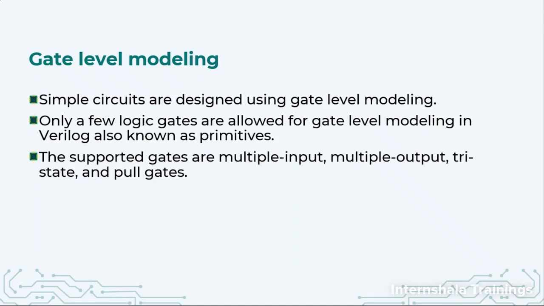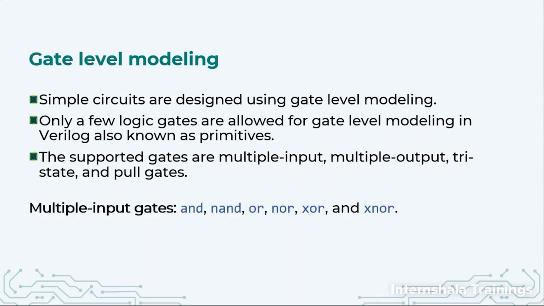We can also use pull gates. Normally we see that an AND gate is a 2 input gate, but we can have an AND gate with 3, 4 or more inputs as well. The supported gates are AND, NAND, OR, NOR, XOR and XNOR. So these are the gates that are allowed to be used in gate level modeling.